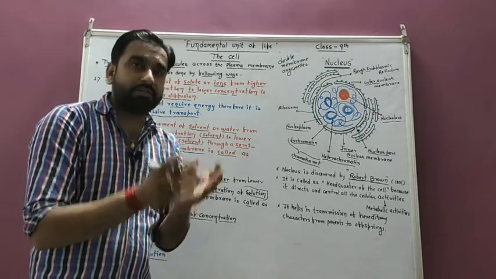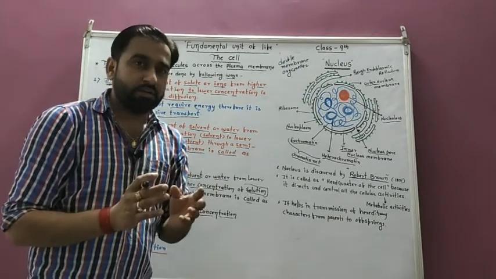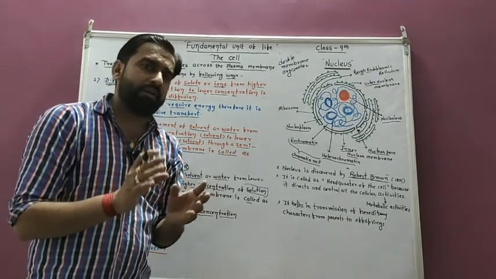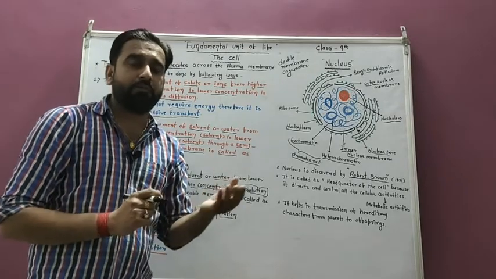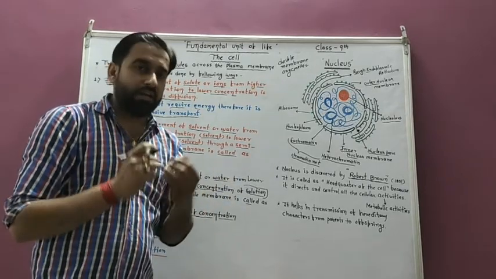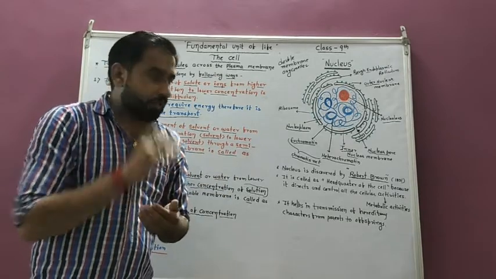Cellular activity means all the metabolic reactions which occur in an organism. Metabolic reaction means all the biochemical reactions which occur in the body. For example, two kinds of metabolic reactions occur in a living organism: first is catabolic and second is anabolic reaction.